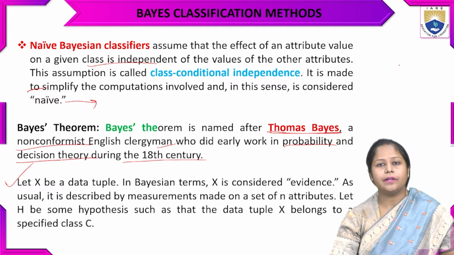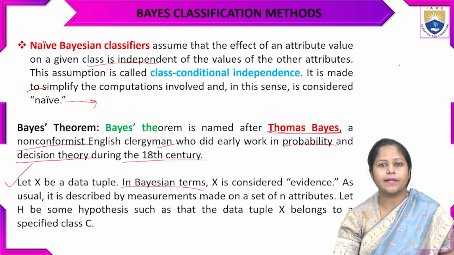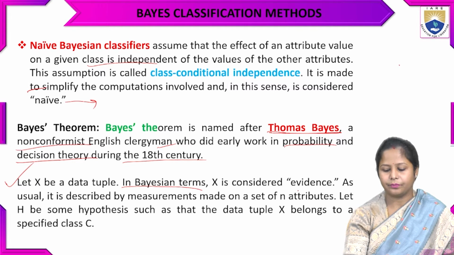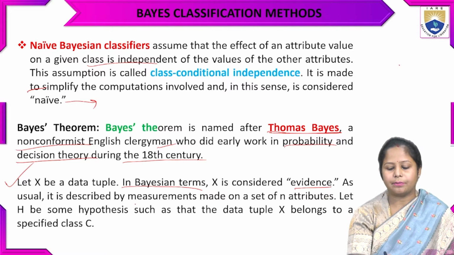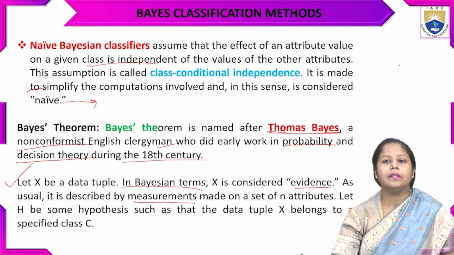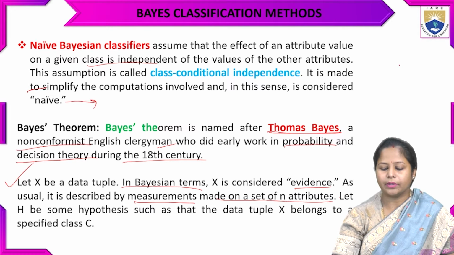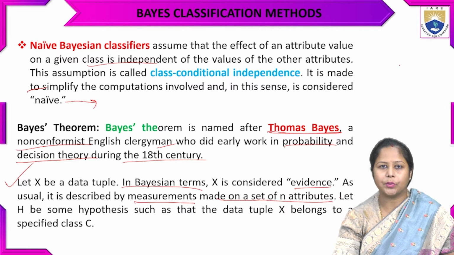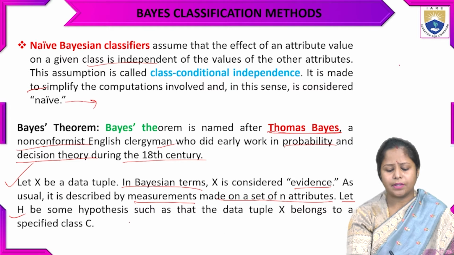Let X be a data tuple. In Bayesian terms, X is considered evidence. As usual, it is described by measurements made on a set of n attributes. Let H be some hypothesis.